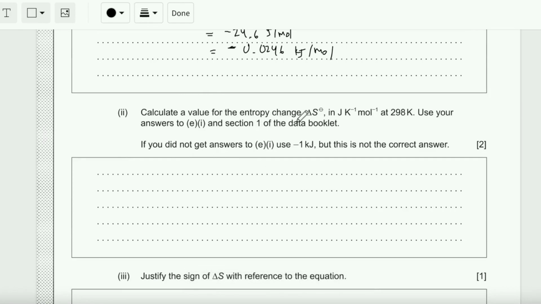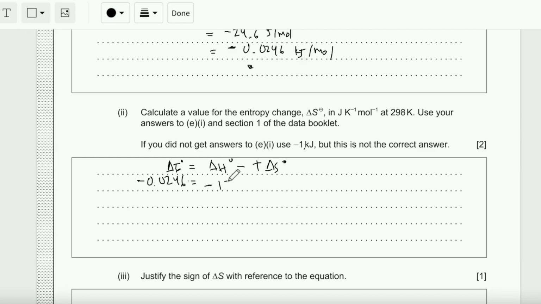Calculate the value for the entropy change delta S standard in J per K per mole at 298 Kelvin. Use your answer to E1 and section 1 of the data booklet, which is the formula delta G equals delta H minus T delta S. If you did not get the answer to this, you can use negative 1 kilojoule.